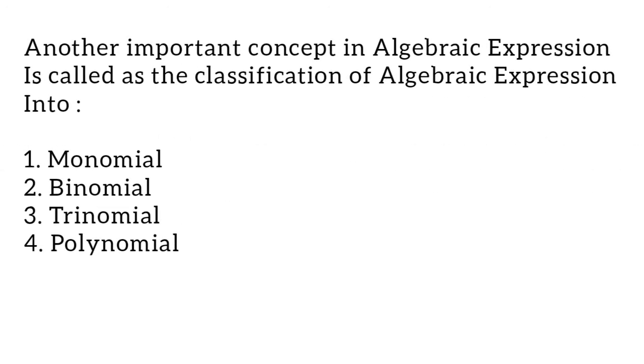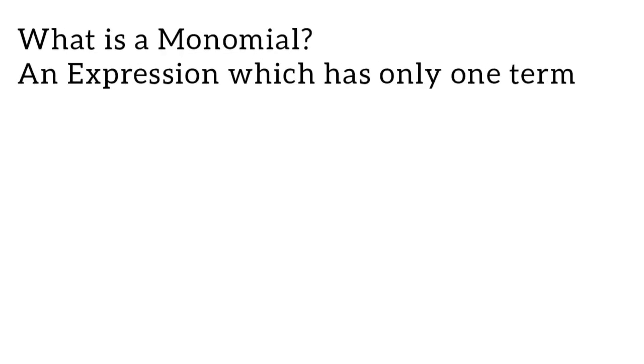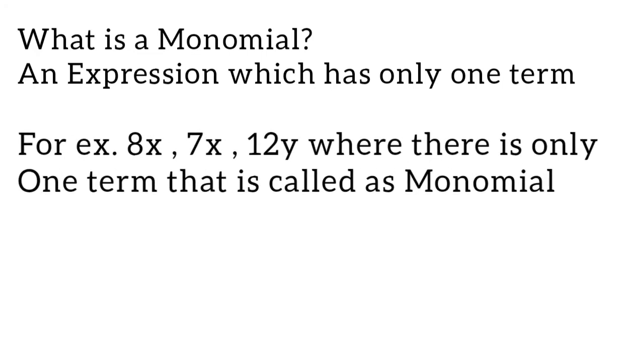Now, another important concept in algebraic expressions is the classification of algebraic expressions into monomial, binomial, trinomial and polynomial. What is a monomial? An expression which has only one term. So for example, we say 8x, 7x, 11x, 12y, where there's only one term, that is called a monomial.